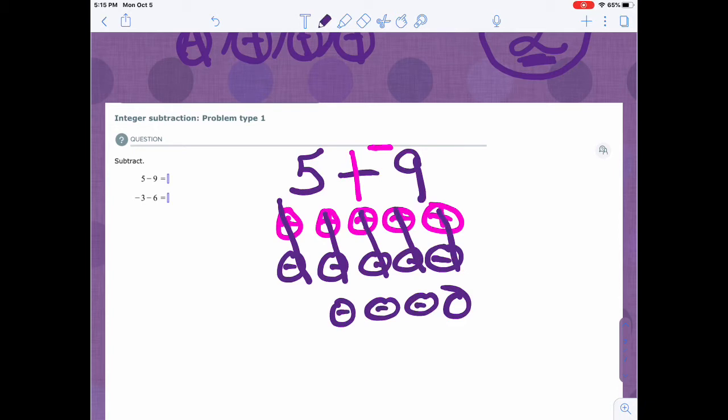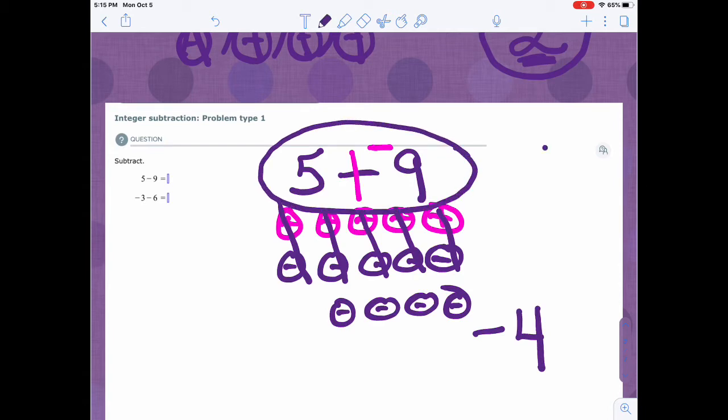And notice that I have 4 negatives left over. I could have just subtracted these numbers. 9 minus 5 is 4. And the bigger number had the negative, so it wins. So the answer to this is negative 4.